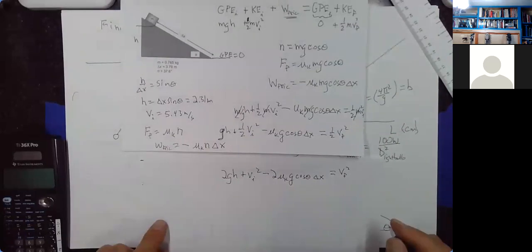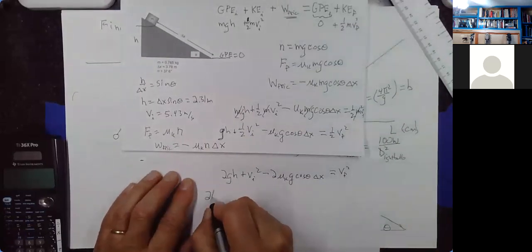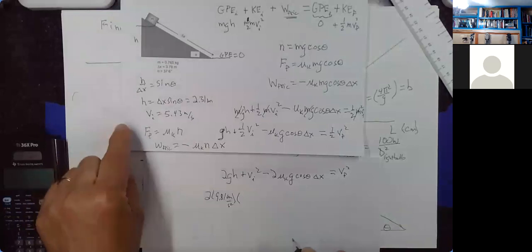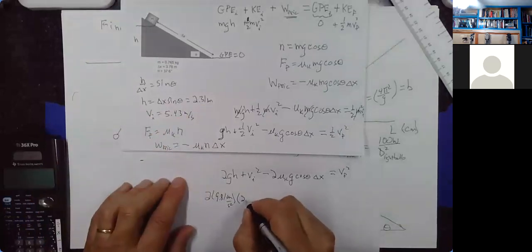And this is a lot. Anyway, that'll be 2 times 9.81 meters per second squared times the height that we figured out way back long ago. That was 2.31 meters.